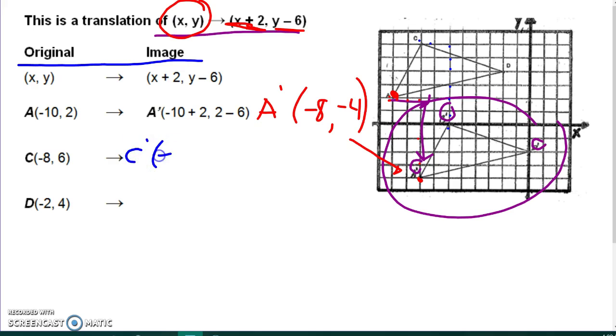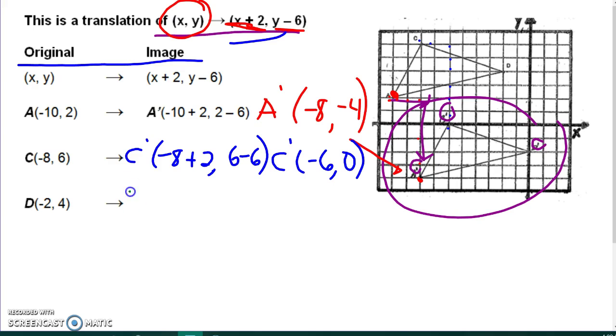Okay, so C's original x-coordinate was -8, to which I'm going to add 2 because of the rule. And for the y-coordinate, it initially was 6, and I'm going to subtract 6. So we get that C' coordinates are going to be -6, 0. And I notice that that is confirmed by the graph.